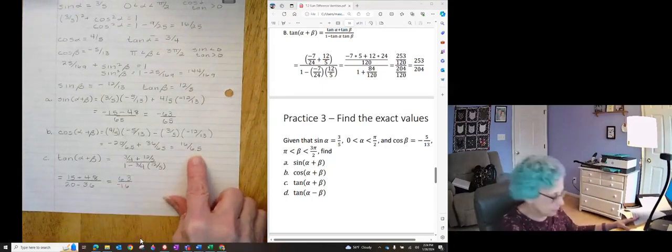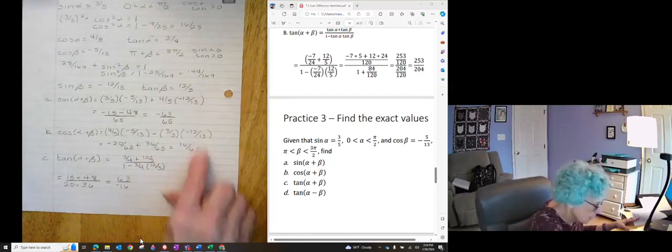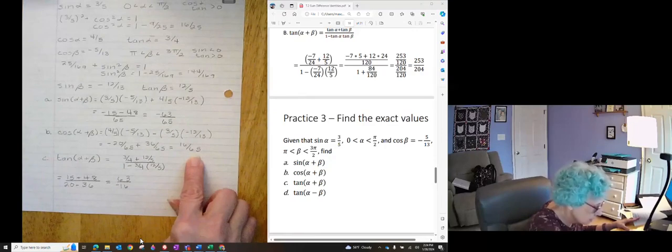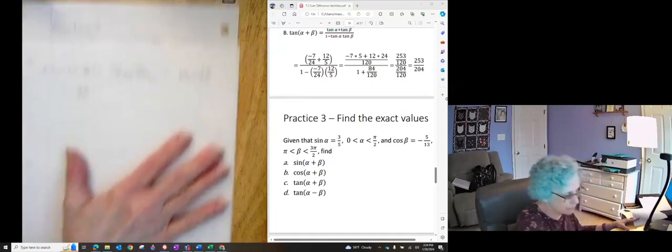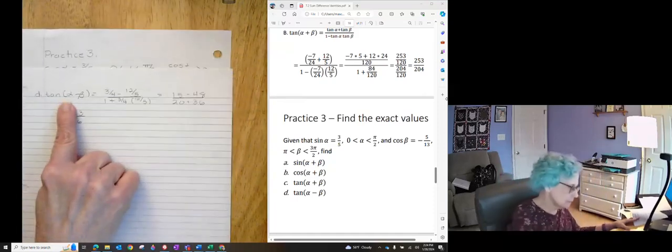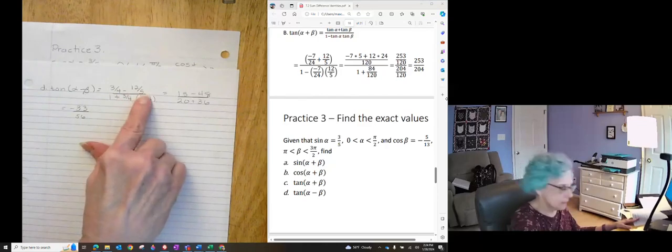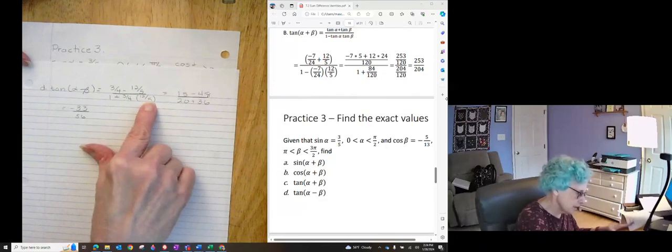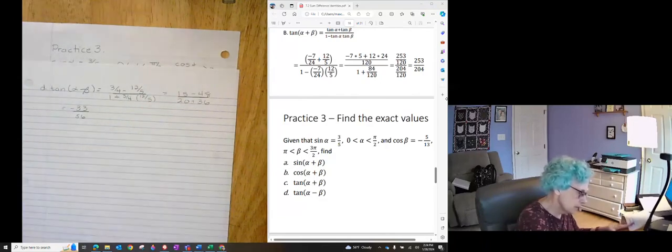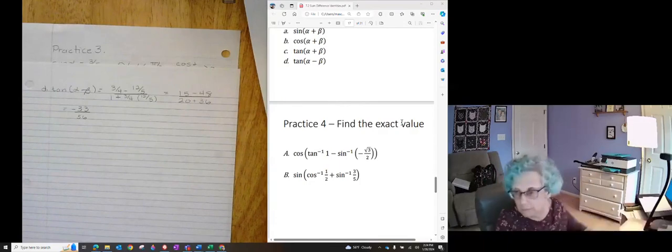I used the formula, and then I realized I could have just looked at sine negative 63 over 65 over cosine 16 over 65 and gotten the answer. And then I did tangent of alpha minus beta, so tangent of alpha minus tangent of beta divided by 1 plus tangent of alpha times tangent of beta, and I got negative 33 over 56.